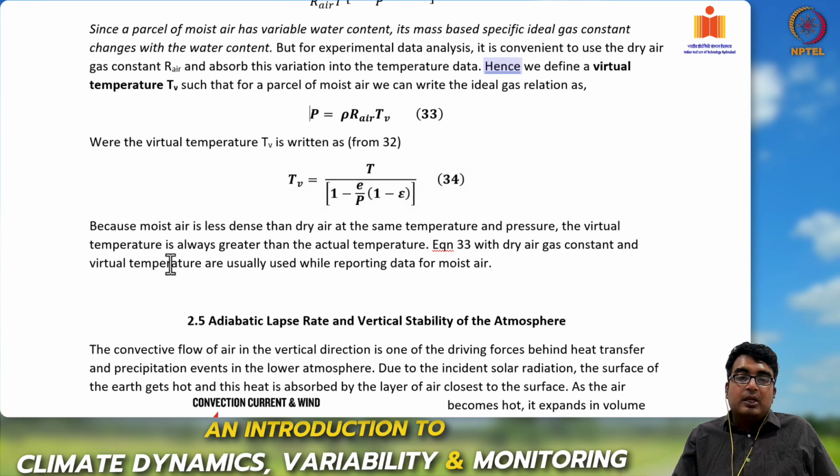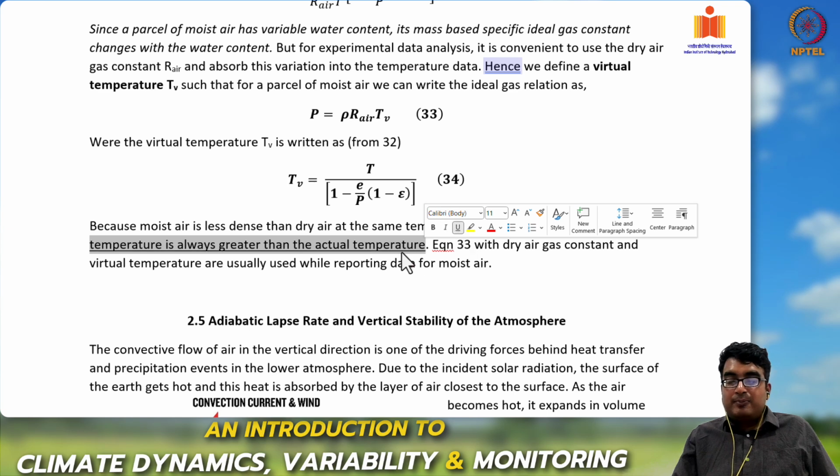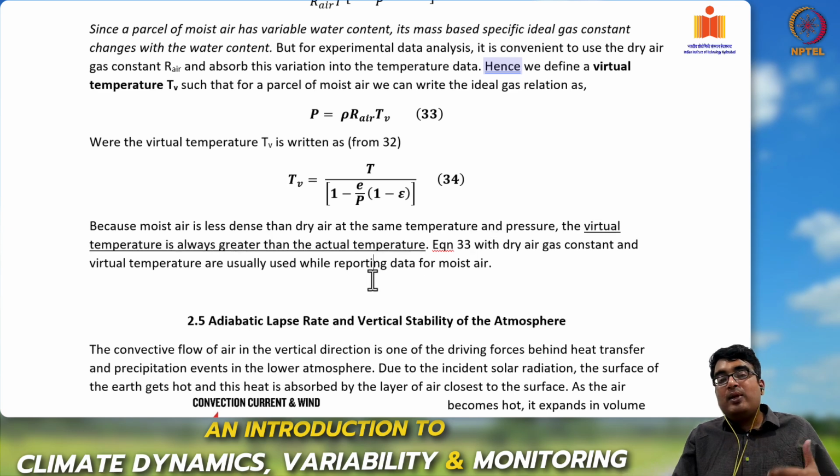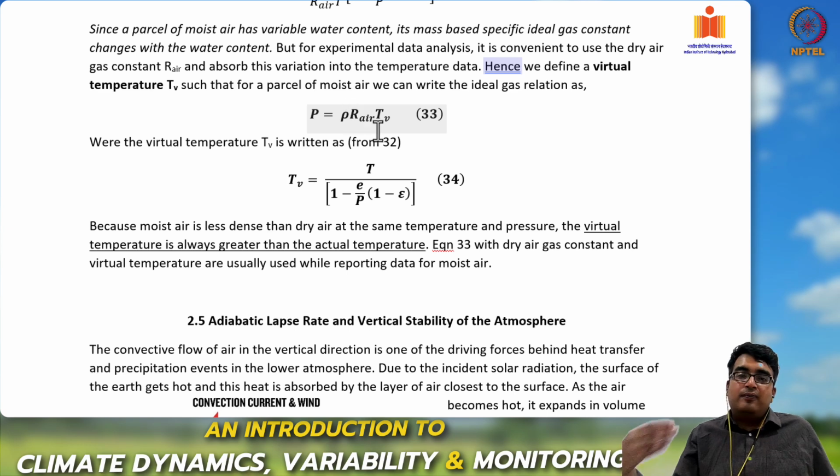So virtual temperature is always greater than the actual temperature based on this expression. We can also understand this because moist air is less dense than dry air at the same temperature and pressure. So to balance this aspect, your virtual temperature will be greater than the actual temperature when you are using R air instead of the traditional R of the system.